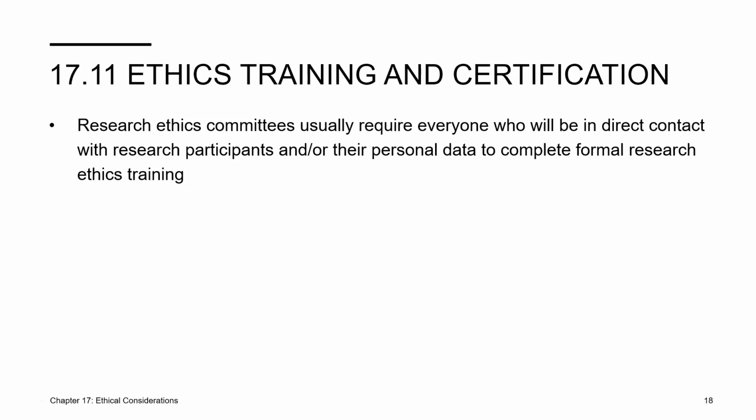So research ethics committees always require that everyone who is in direct contact with research participants and or their data complete some sort of formal research ethics training. And this is required through the IRB process, the institutional review board process that will be discussed more in other chapters. Okay, so that is it on chapter 17.